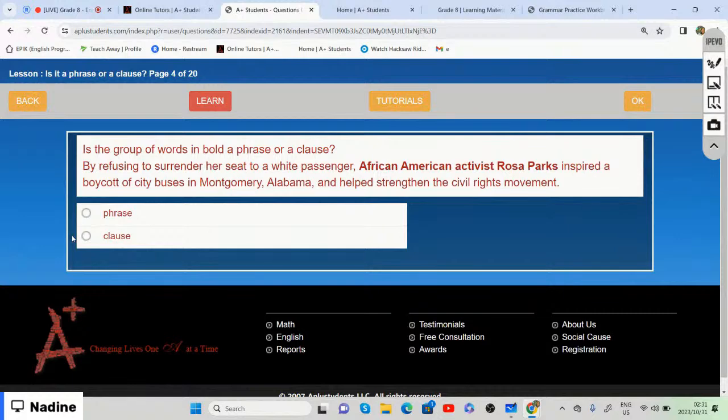By refusing to surrender her seat to white passengers, African American activist Rosa Parks inspired a boycott of city buses in Montgomery, Alabama, and helped strengthen the civil rights movement.